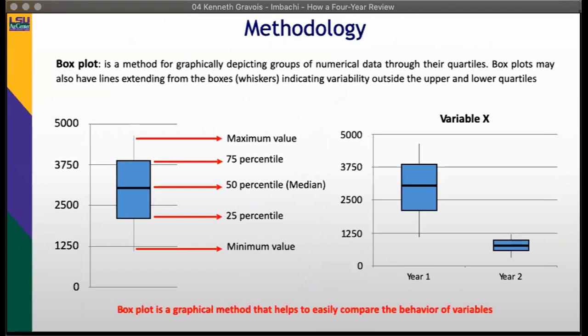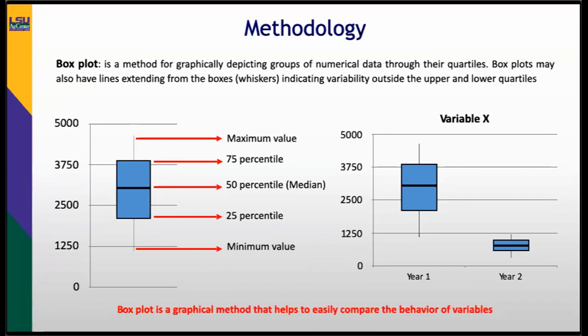So here we are using two methodologies to analyze the information. The first one is the box plot. It's a method for graphically showing groups of numerical data through their quartiles. Box plots may also have lines extending from the boxes. This is the box, and those are the whiskers that show the maximum and minimum values.